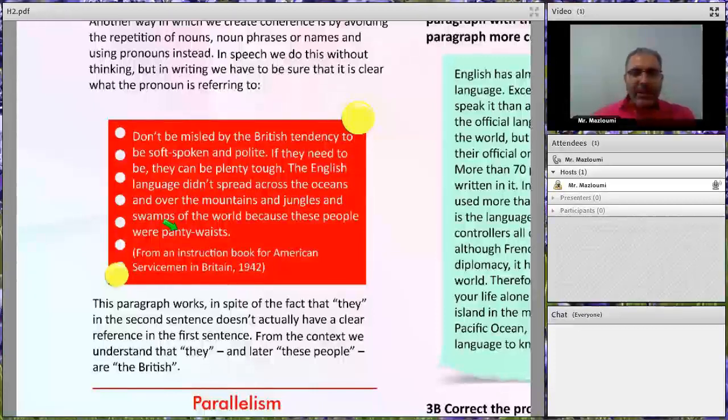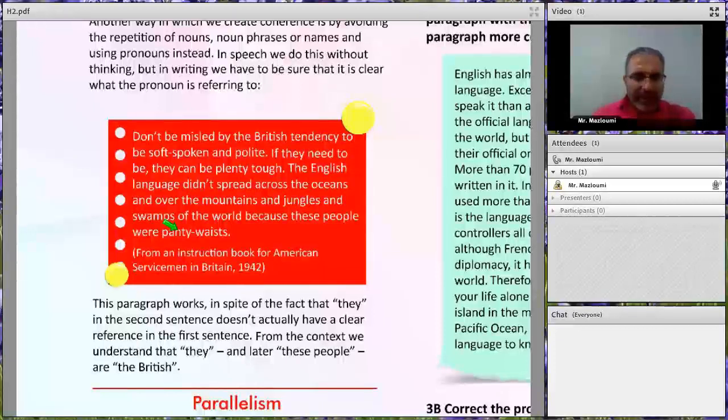And panty waist, plural panty waists, means a sissy and weak person. Someone with a weak personality is called a panty waist.